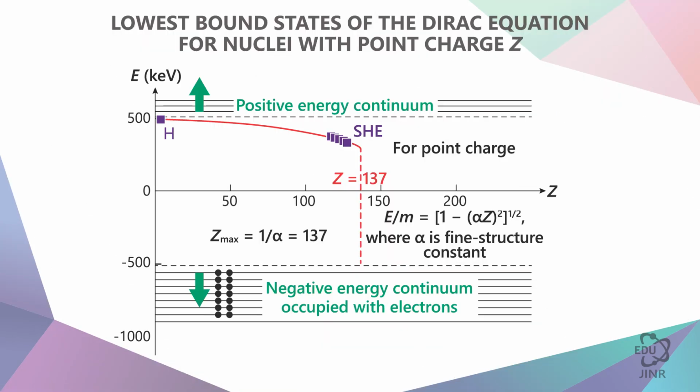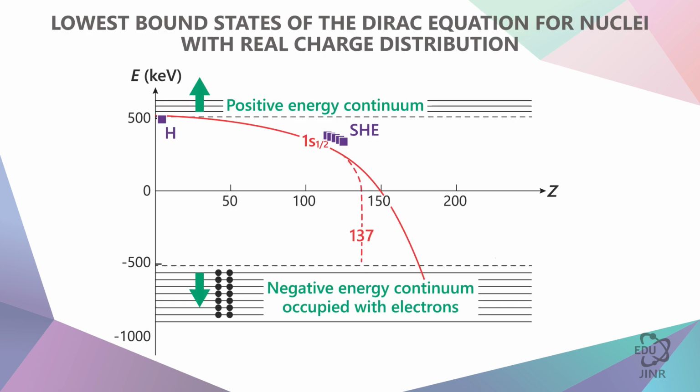Although we have come very close with our super heavy elements to this critical situation. However, the situation is different. The energy level goes further, all the way down to 0. Here at 0, it would seem, is where the end should be.